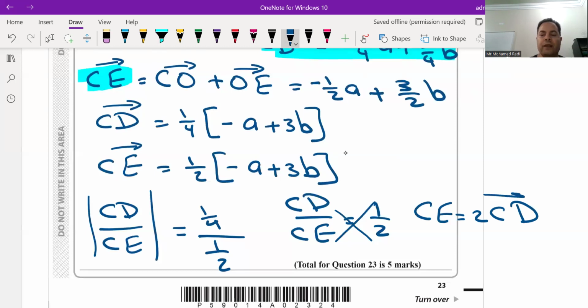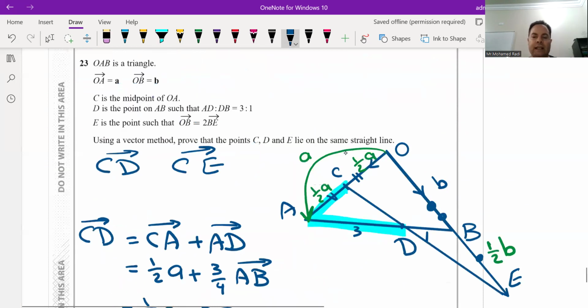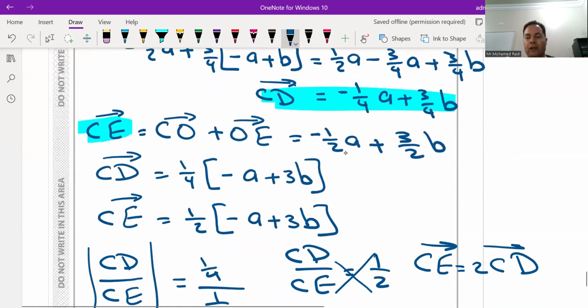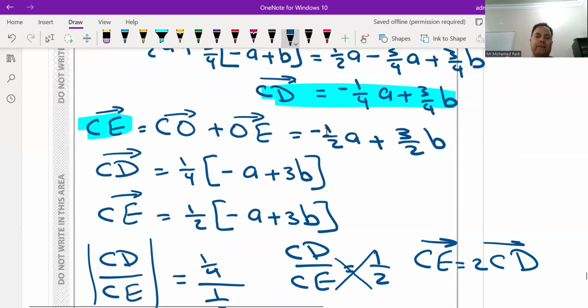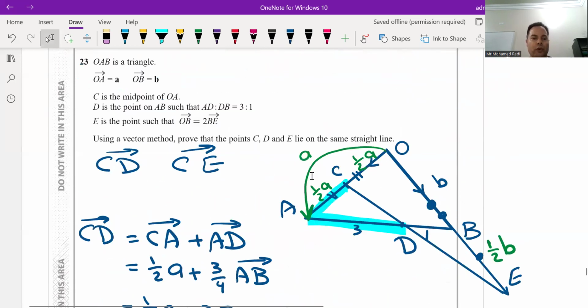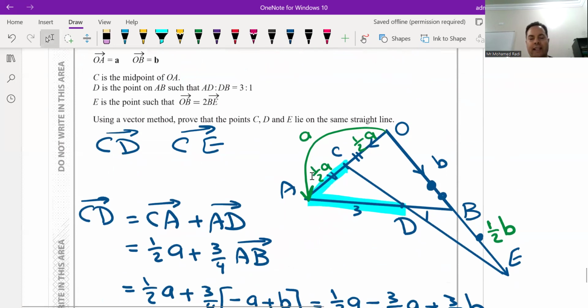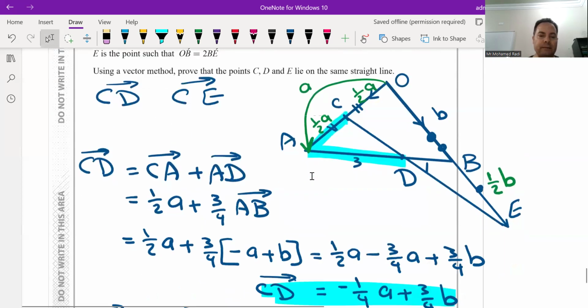This means both are on the same line, and CE is double of CD as a length. By using vectors to show that C, D, E are on the same line, you have to prove that there is a ratio between CD and CE, which is, we can say CD is half of CE, or we can say CE is double of CD.